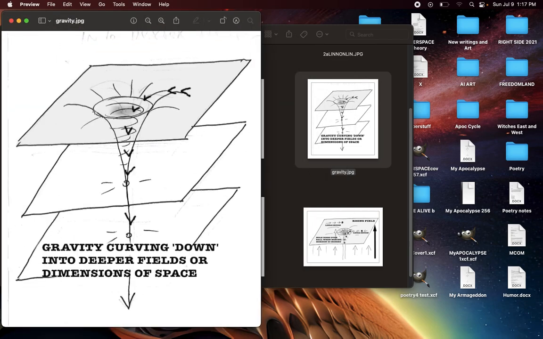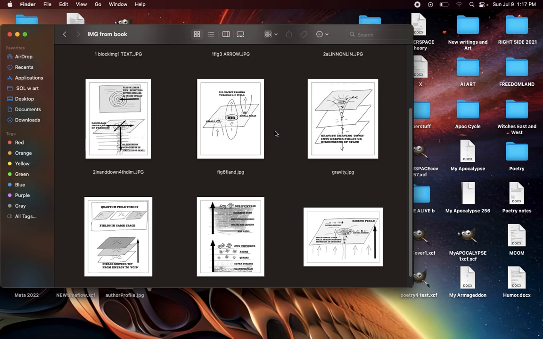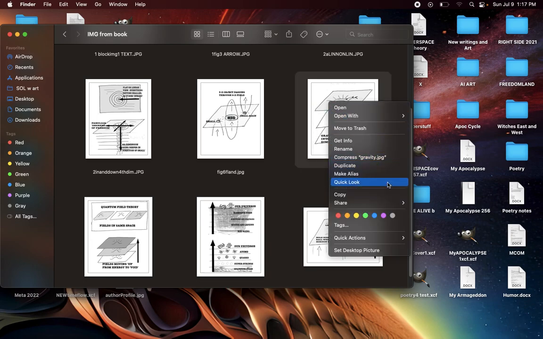So when we think of gravity as curving space here, right, so these lines represent curves, that curvature is a hole. It's not that an object curves space, it's that an object is part of a hole in a field of space.